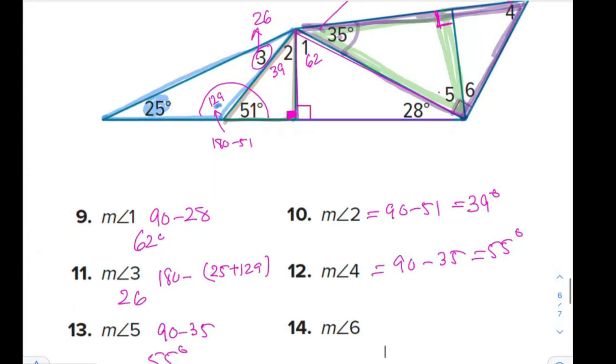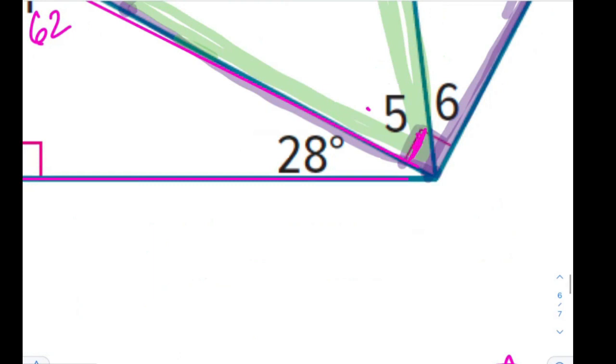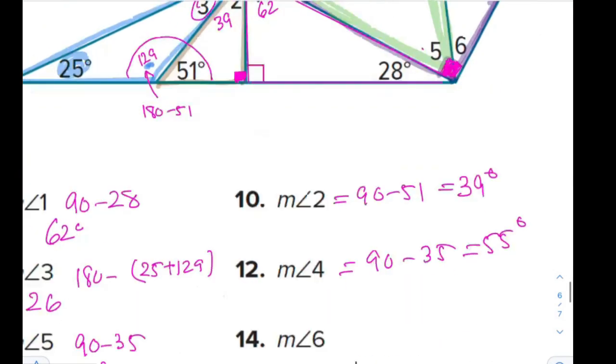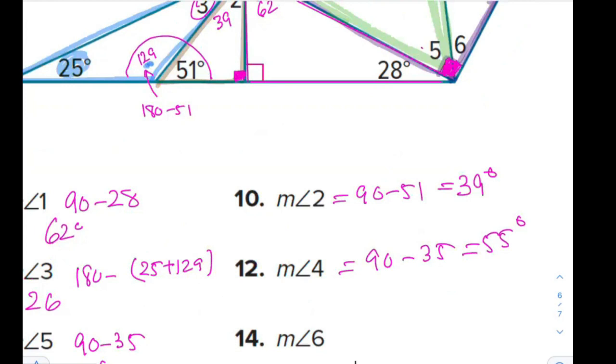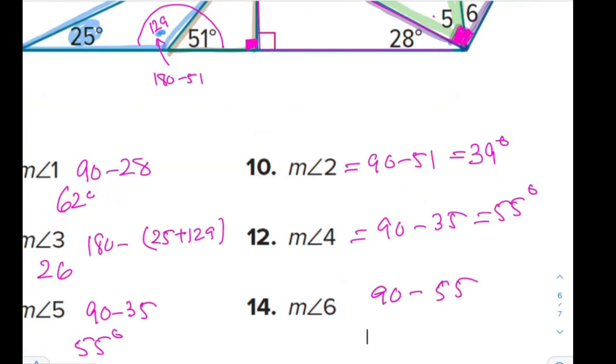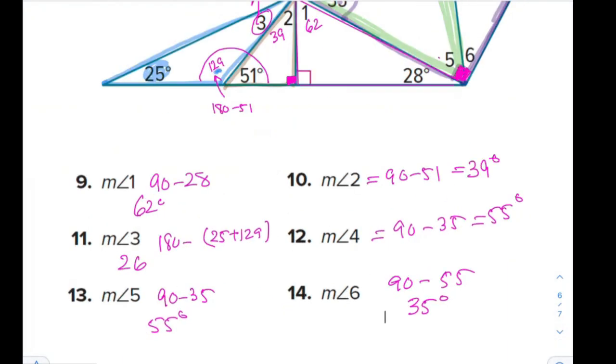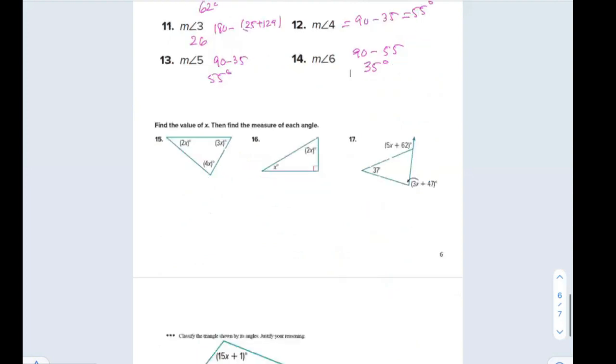Only 6 remains, which is the easiest because 5 and 6 together form a right angle. So angle 5 and angle 6 together add up to 90. So this will be 90 minus the measure of angle 5, which was found earlier, which is 35. We found 6 angles in 2 minutes.